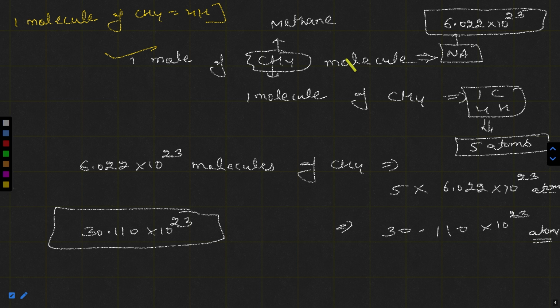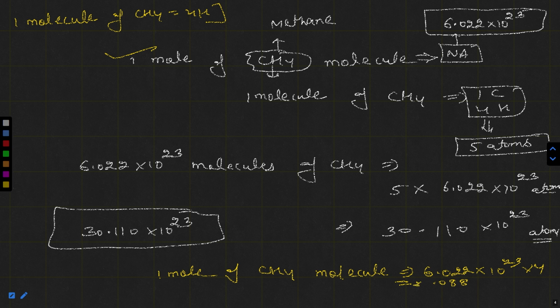If in 1 mole of CH4 molecule, Avogadro number of molecules are there, and in 1 molecule of CH4, 4 hydrogen atoms are there, so in 1 mole of CH4 molecule, the total number of hydrogen atoms will be 6.022 into 10 raised to the power 23 multiplied by 4. It comes out to be 24.088 into 10 raised to the power 23 hydrogen atoms.